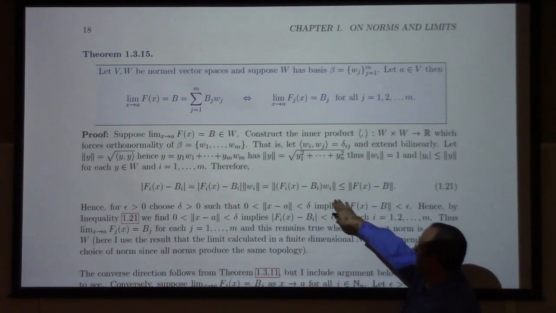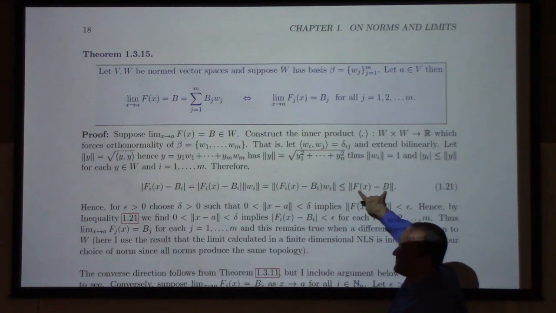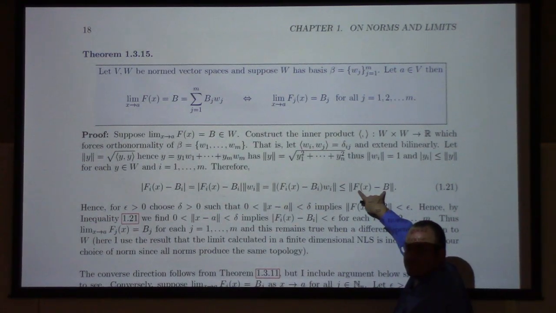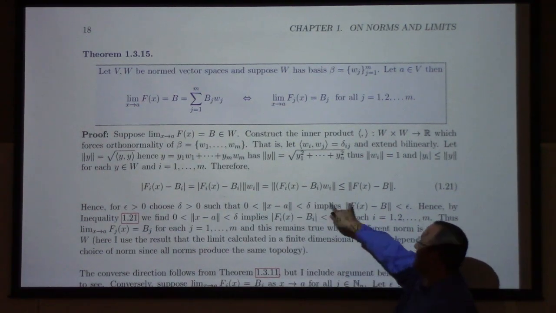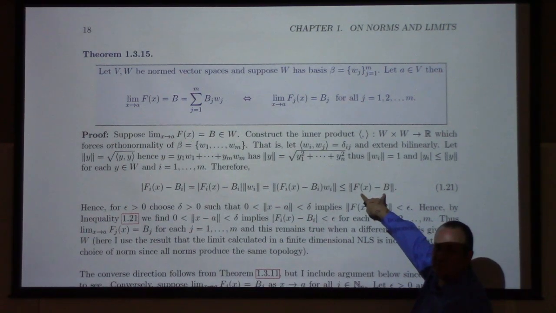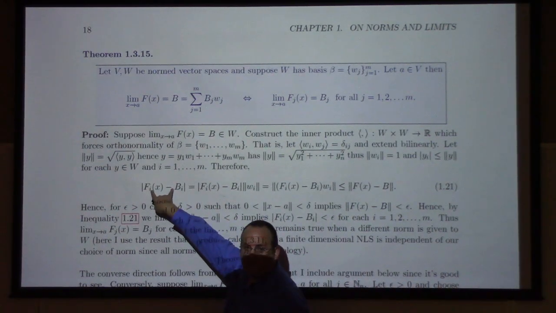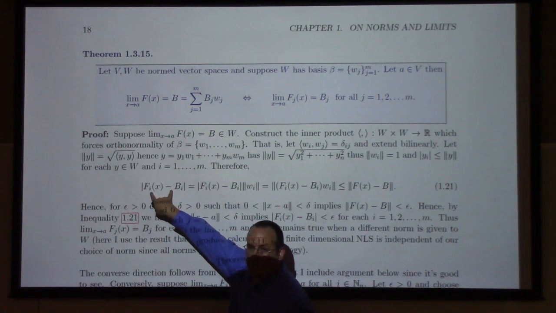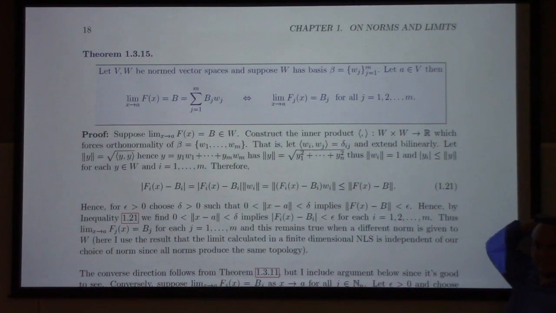And this is the ith component of that vector. But then the thing is, if this limit is given, I control this. If x is within delta units of the limit point, I can make this smaller than epsilon. Consequently, I can make that smaller than epsilon. Consequently, the limit of the ith component function exists and is b sub i.